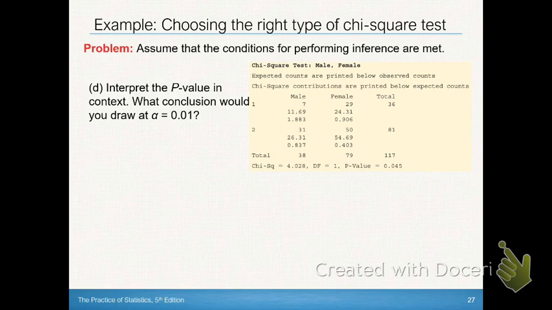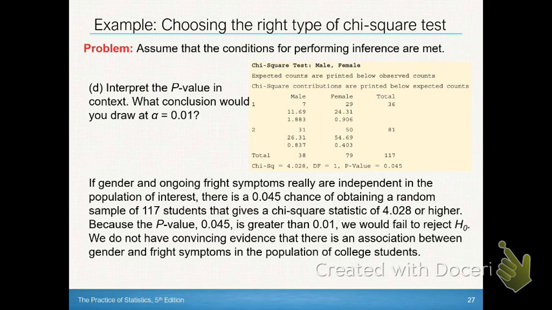Now, in terms of interpreting our p-value, that's the same as it has been throughout the course. Assuming that our null hypothesis is true, the p-value is the probability of getting a test statistic as extreme or more extreme purely by chance. So here we're looking at our p-value of 0.045. That's the probability of getting a distribution as extreme as ours or even more.